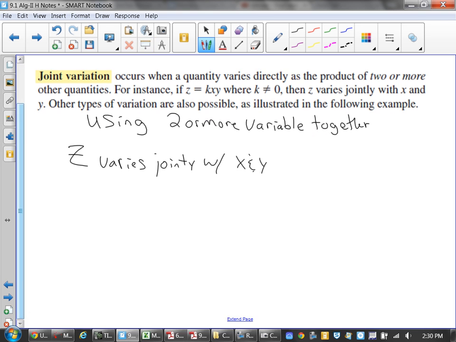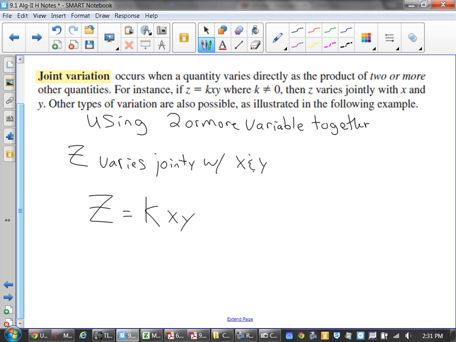K. That's all it is. Z has to equal, all these variations have some constant. It will always have a constant. K times something. And that's what it looks like.